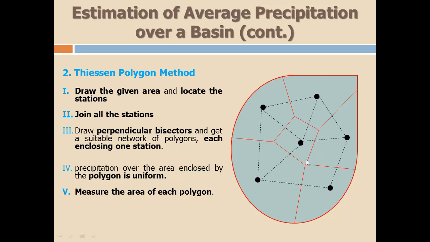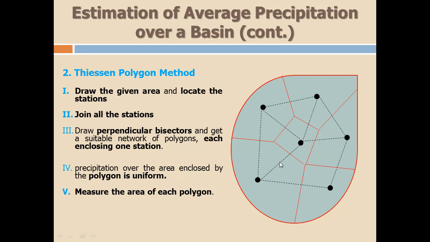For measurement of this area, there are various methods used. If you have drawn all this geometry in AutoCAD, then you can calculate the area just by putting the area formula in AutoCAD and selecting the polygon for which you are finding the area. You can easily calculate the area.